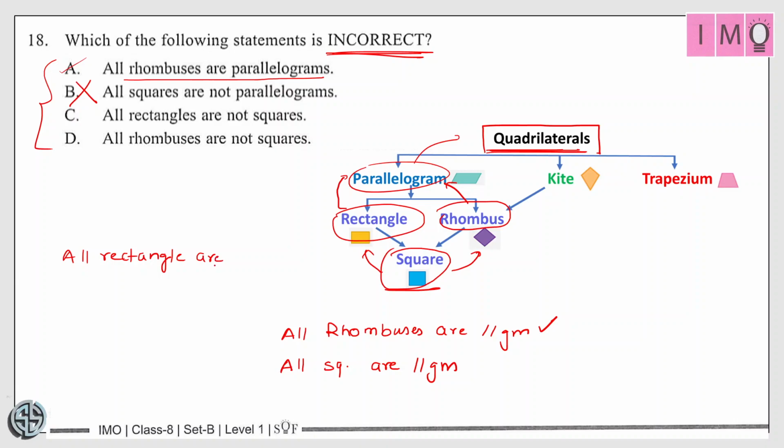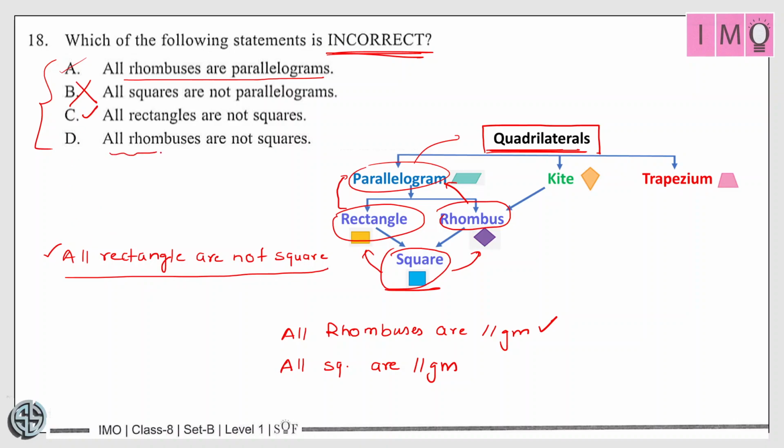Because rectangle is coming above the square. This will be definitely correct, right? Because rectangle is coming above, so all rectangles will not be squares. So that is the correct statement, no need for further discussion.